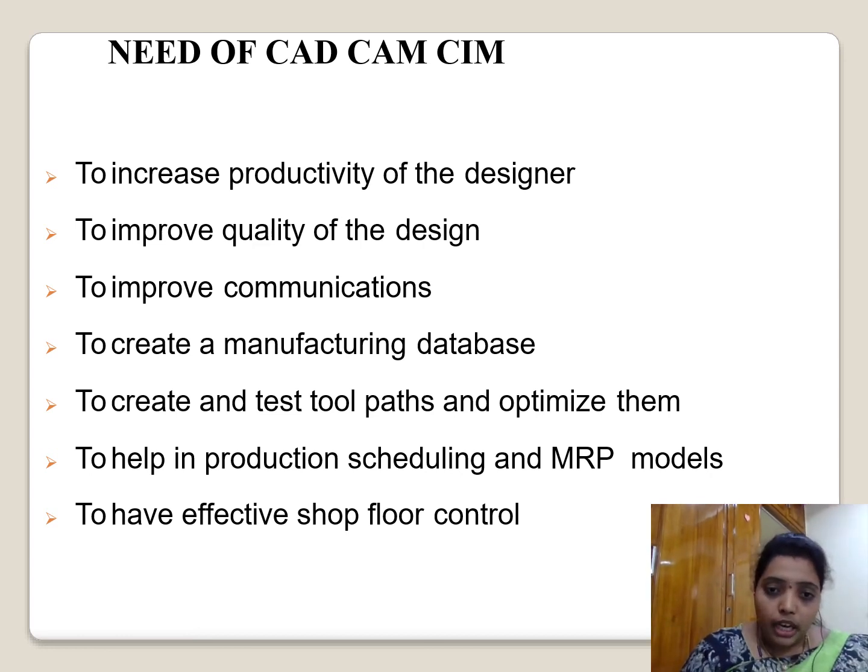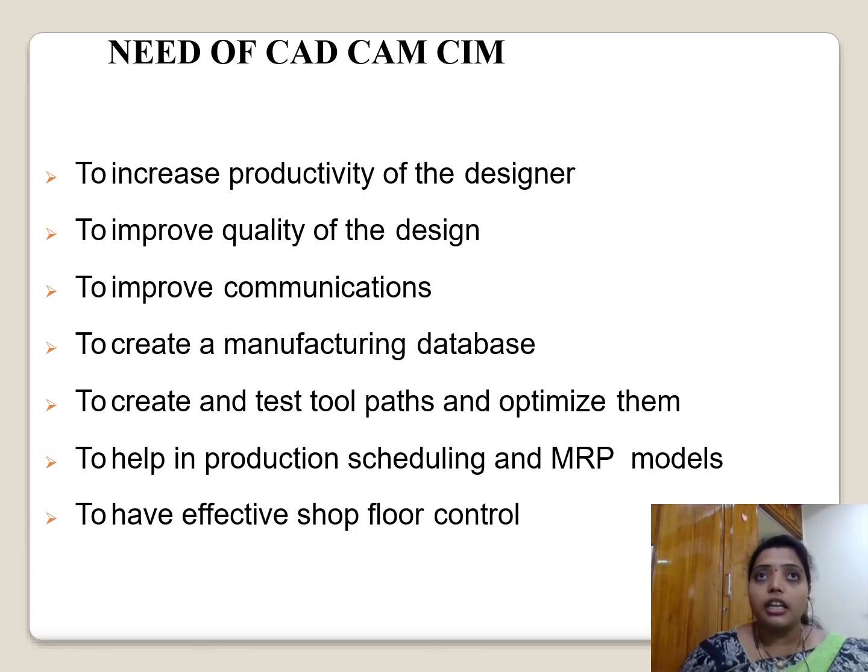To have effective shop floor control. Shop floor control means that in every industry there will be divisions. The first one is designing, and the second one is manufacturing, and those manufactured parts will go to the cutting and finishing process in another department, another shed, and after completing that it will go to the testing process. In every industry those are known as floors.